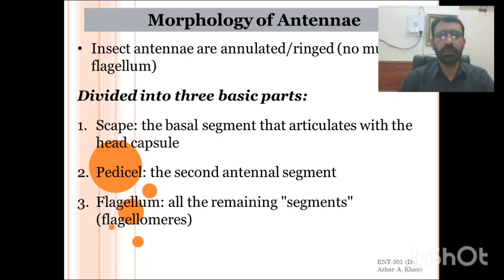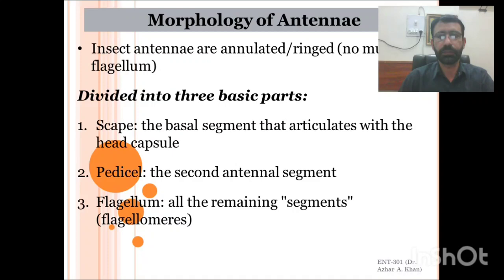A simple morphology of an insect antenna is divided into three main parts: scape, pedicel, and flagellum. Most of the modifications take place in the flagellum area. The scape is the basal segment that articulates with, or is attached to, the head capsule. The pedicel is the second segment, and the flagellum is the segmented part of the antenna.